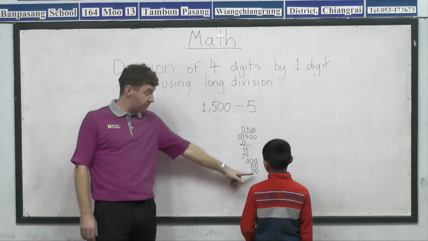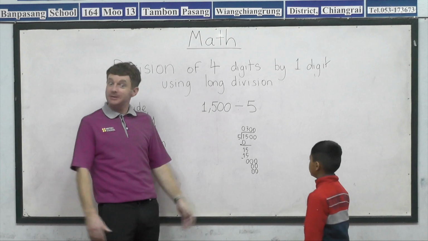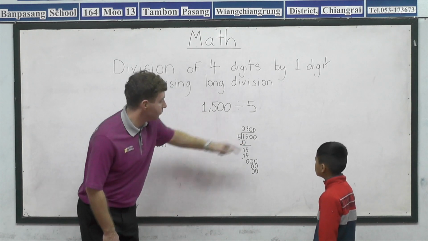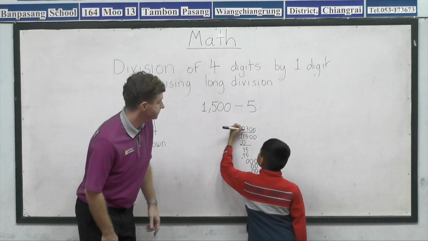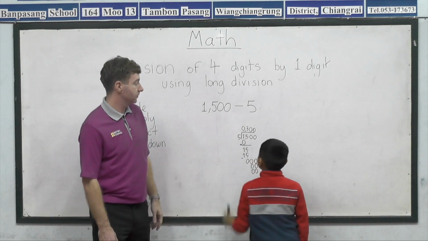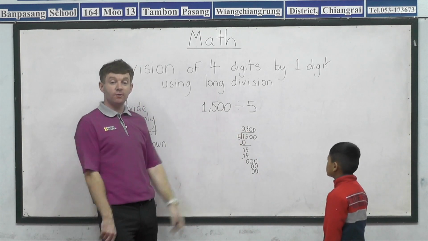Perfect. Any remainders? Do we have our answer? Yes, yes we do. We need our comma here. Can you do your comma there too? And here too, comma there. So what's our answer, guys? 300.